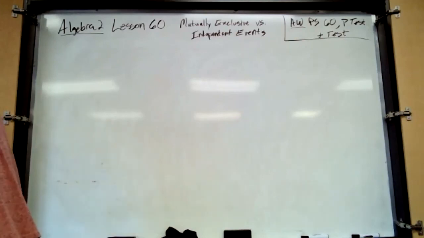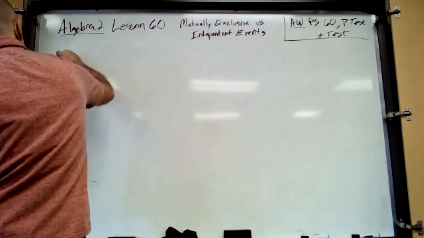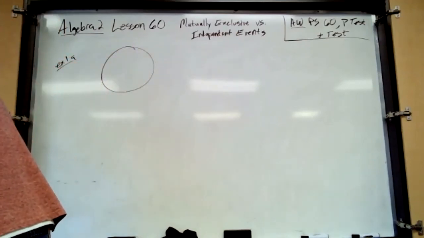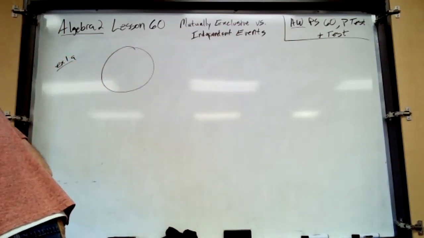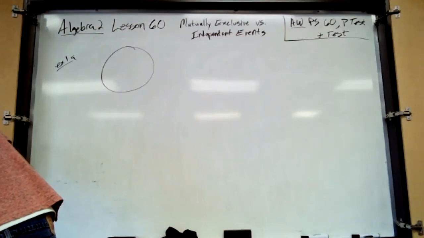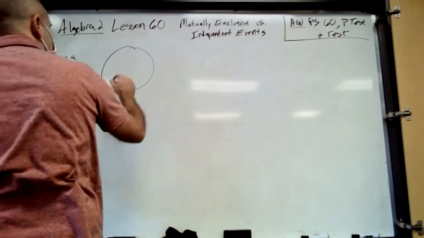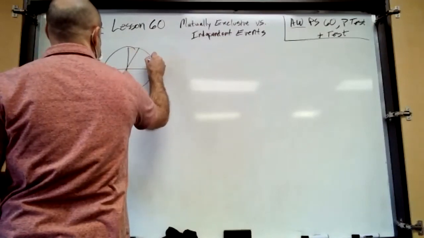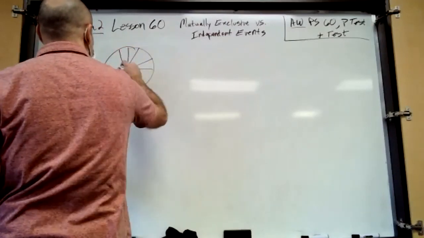Okay, so let's start with an example. Example 1A, here's a little spinner. Let's say that there's all these different sectors here.